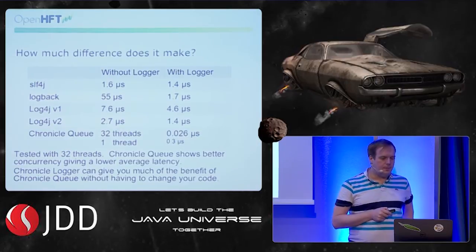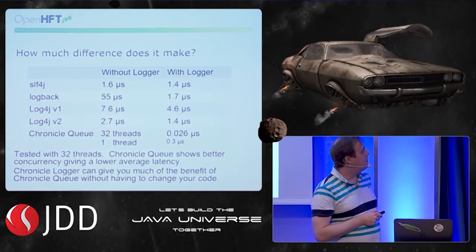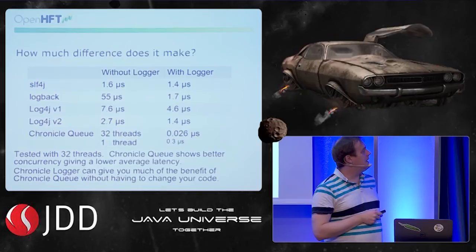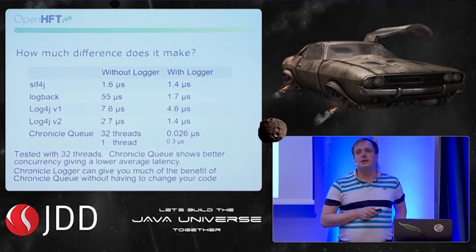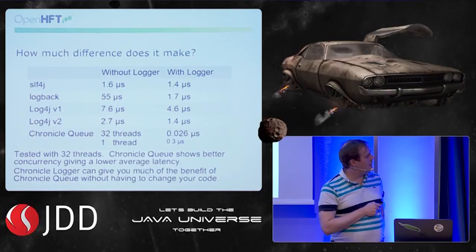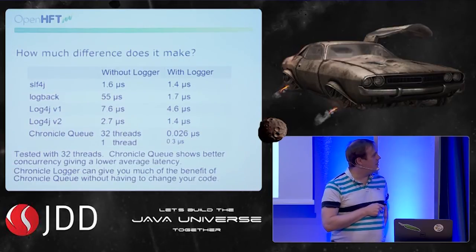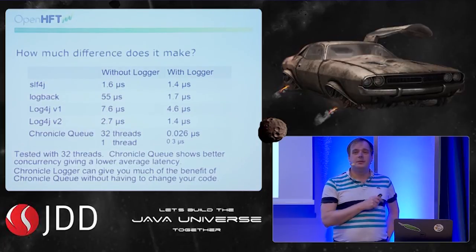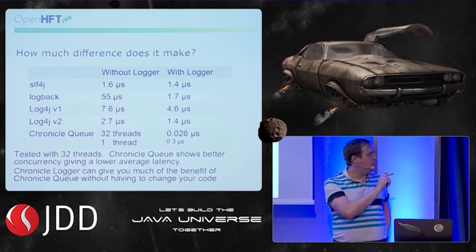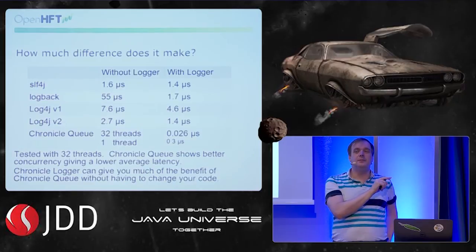Now, why use Chronicle Q alone is that it supports concurrent writers. So with concurrent writers, it scales a lot better. In all these examples, they run with 32 threads. But if you run it with Q, which is concurrent, it kills all the others in terms of performance.